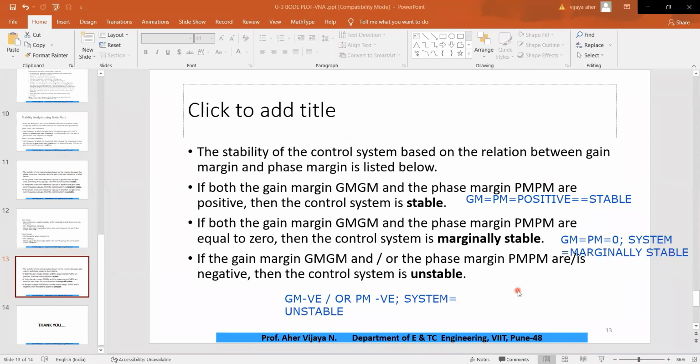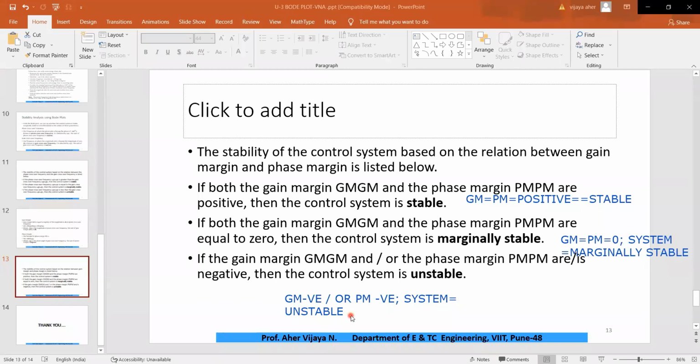Third condition: if gain margin is negative or phase margin is negative or both are negative, then the control system under consideration is unstable in nature. So these three conditions you have to remember.